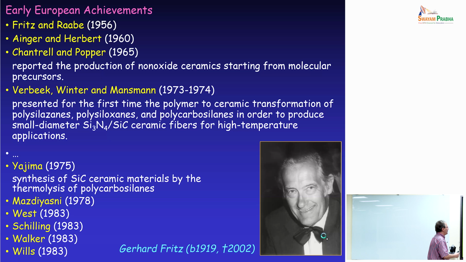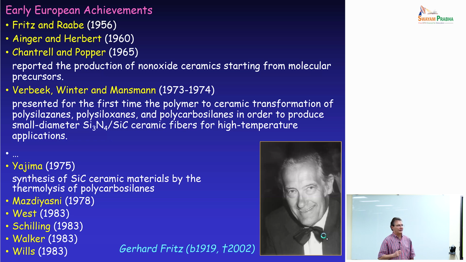The most famous work is the one by Yajima, of course. A Japanese scientist working for Nippon Carbon Company, he developed a precursor for silicon carbide, which is of course a very significant ceramic material for a wide range of high-end applications.